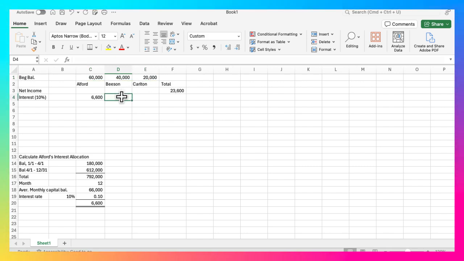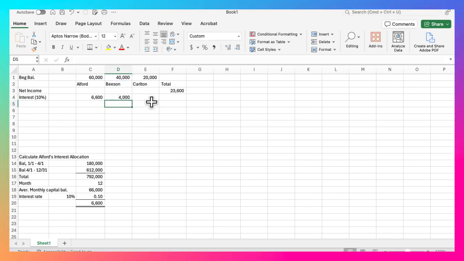Now we need to figure out how much interest Benson gets paid and how much interest Carlton gets paid. Think about it: their capital balance over the year didn't change. They didn't contribute anything. So we multiply their average balance, 40,000, by 10%.